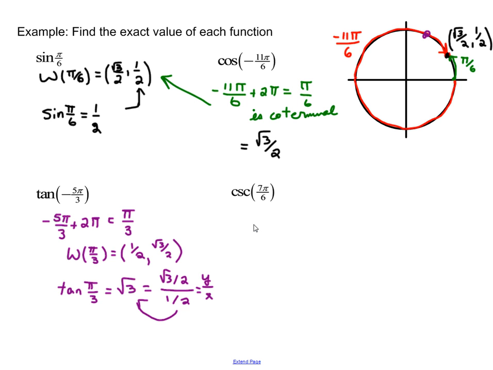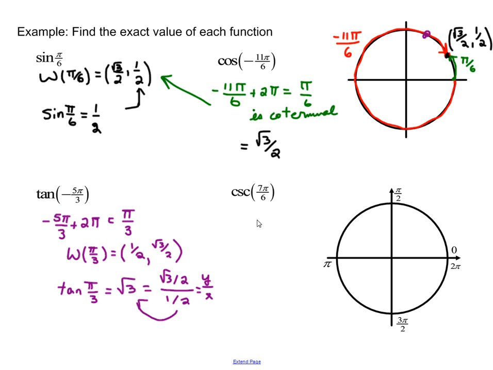Okay, cosecant of 7 pi over 6. Now we're in a little bit of a different situation right here. Well, we have to ask ourselves, where does 7 pi over 6 leave us? Well, if we're in standard position, let me get another circle right here. If we're interested in looking at where that's at, we might look at these principal positions to help us judge. And I always go to pi because pi is an easy one to do.